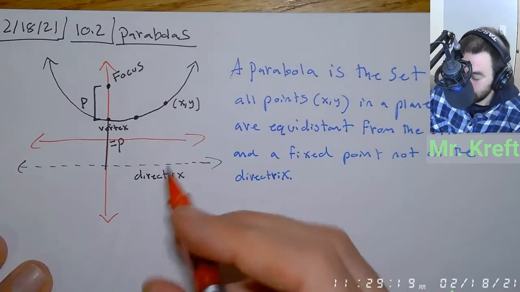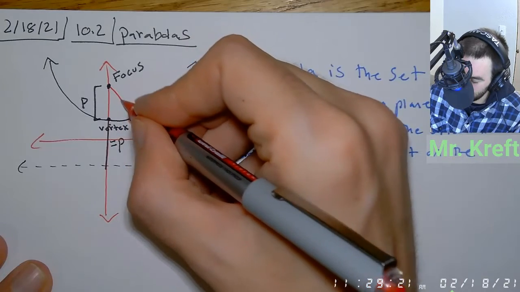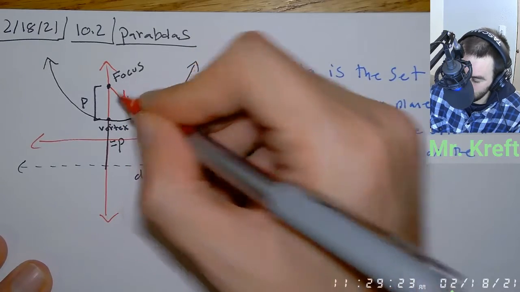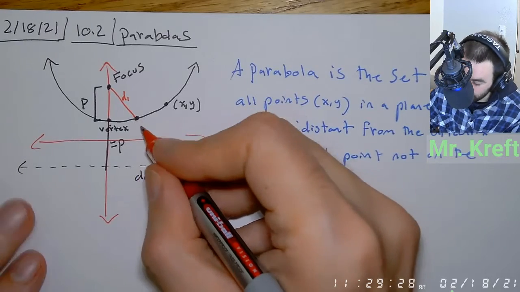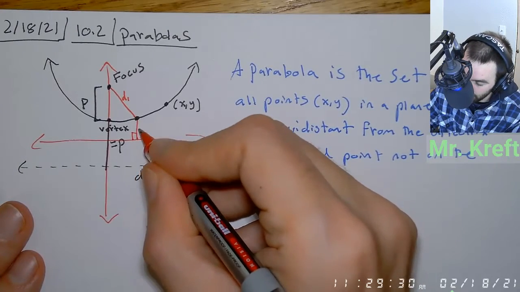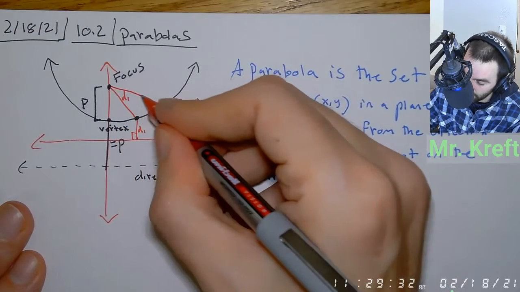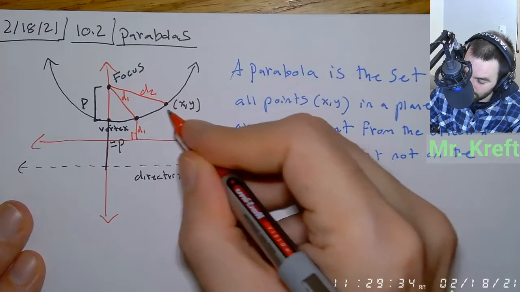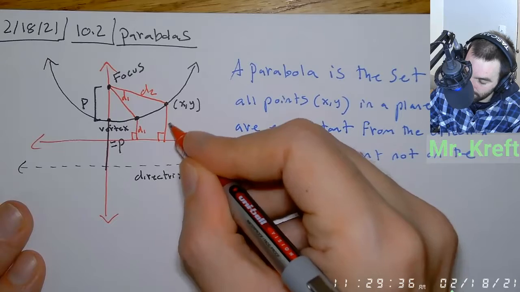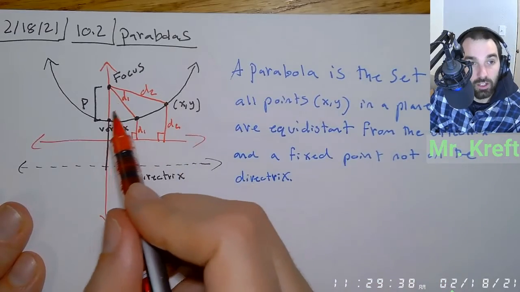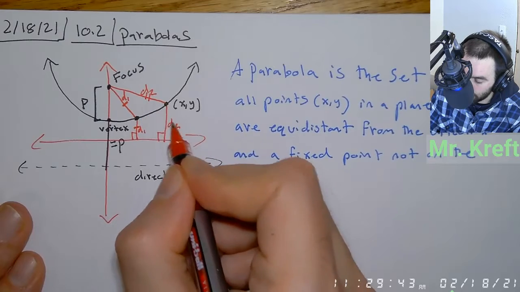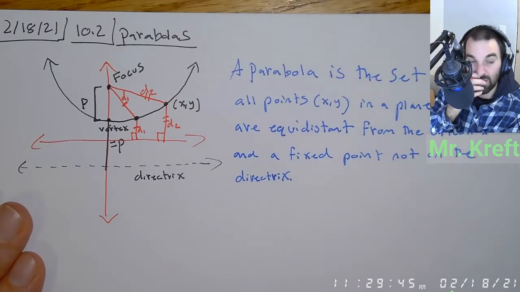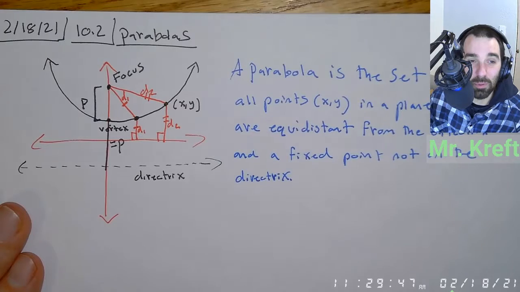Then, if we get to the definition, what we're saying is that this distance, D1, is the same as this distance. And that this distance, you can see I didn't do this very well, is the same as this distance. Okay, so these two distances are the same, and these two distances are the same. That's the definition of a parabola.